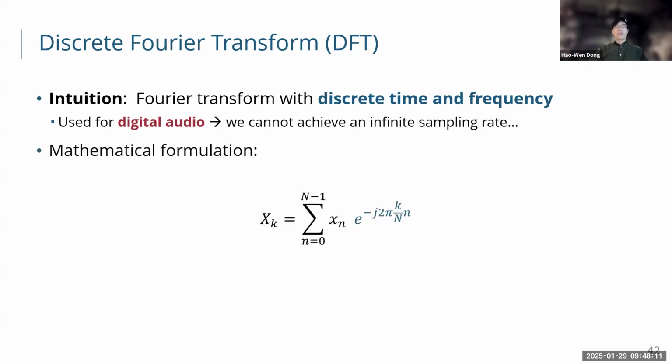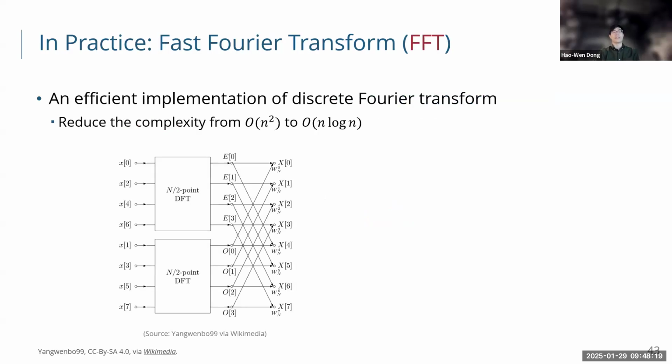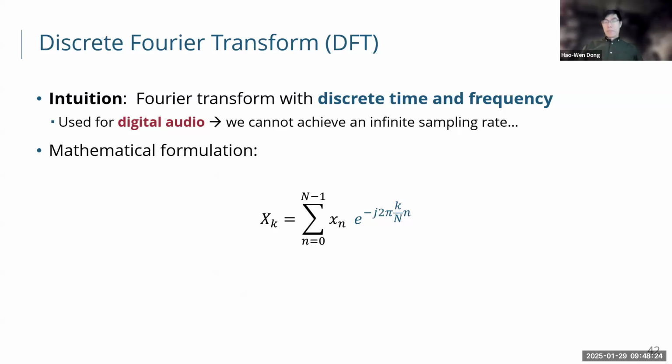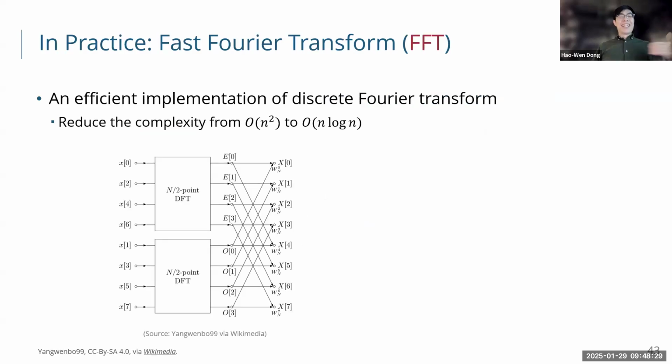So the mathematical formulation, again, is complex, but basically what you need to know is that it's doing the same idea as Fourier transform. And even more complex is that DFT is also not usually used in practice. What we use is something called fast Fourier transform, but it's just an efficient implementation of discrete Fourier transform. If you're interested in that, you can just Google it and you will find a bunch of videos talking about how fast Fourier transform works.